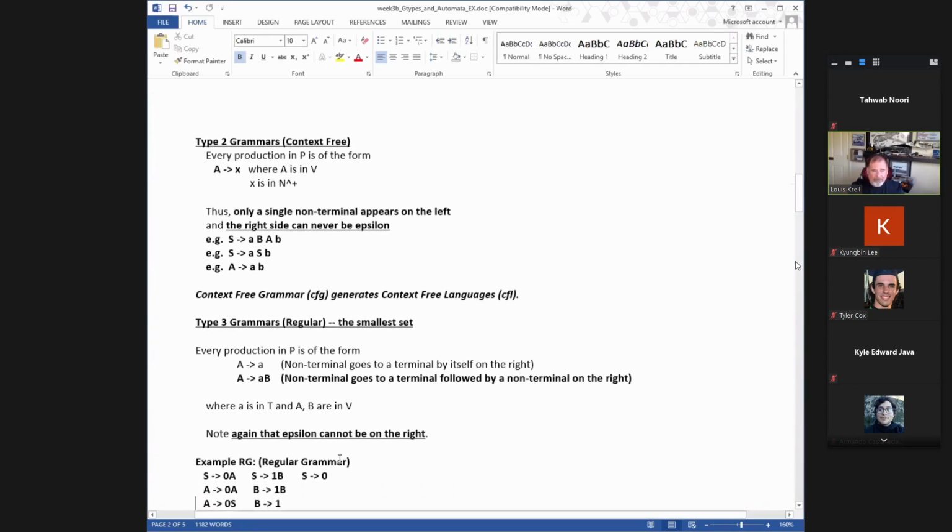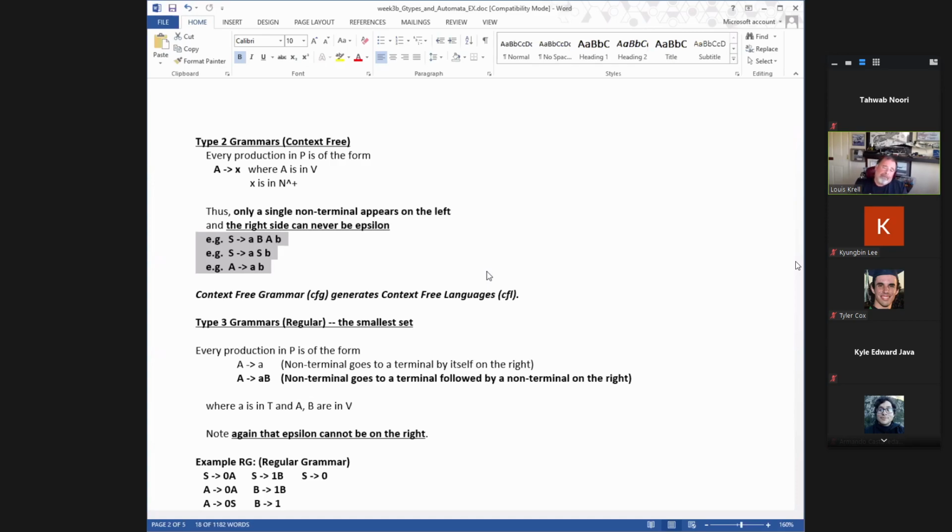And some examples of context-free production rules is a single non-terminal going to a series of terminals and non-terminals. So this is the format of context-free grammars. And I'll explain momentarily where we're going to use those context-free grammars.